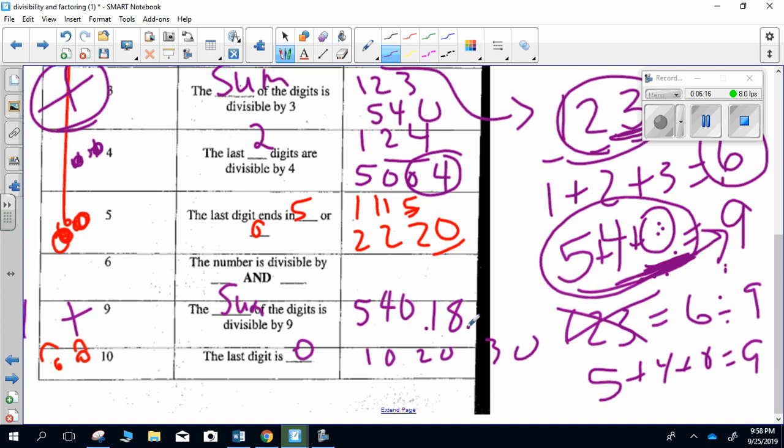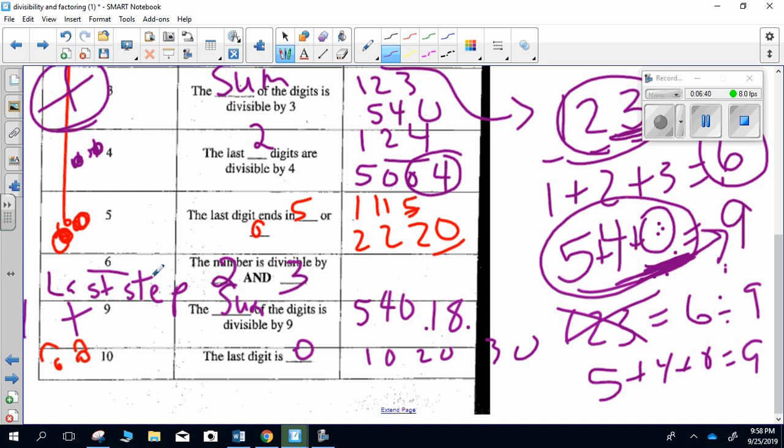The final rule on here is 6. A number is divisible by 6 if that number is divisible by 2 and 3. This is the last step. When you look at a number, if the number is divisible by 2 and 3, then it is also divisible by 6, like on our chart when we had that x.